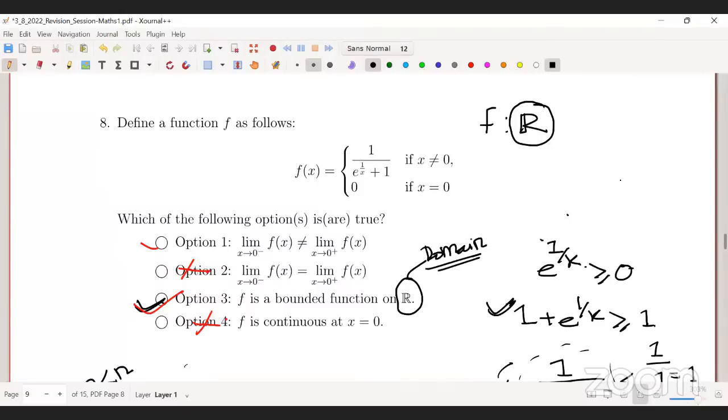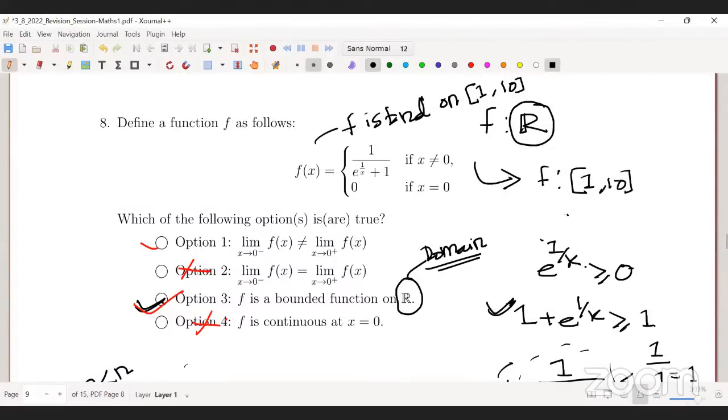If I say this function is bounded on 1 to 10, then you have to consider this function from 1 to 10 to R, and check whether on this set the function is bounded. Got it.